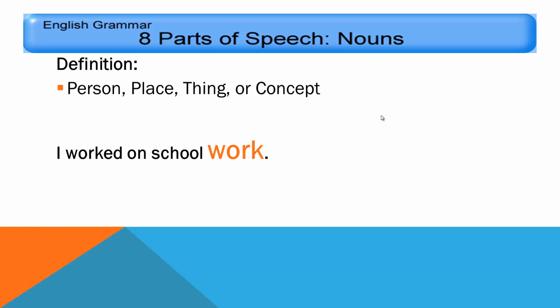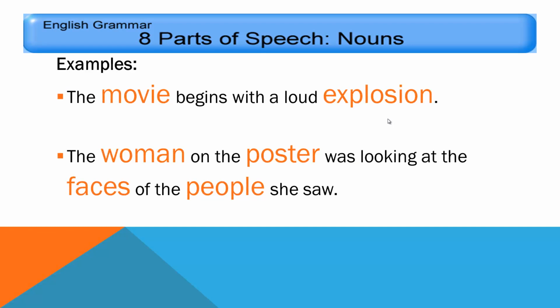sentence. So again, that points out that idea that what we're looking at really is the function within the sentence, more so than just the definition. If I was to look up the word work in the dictionary, it would probably say it's a verb or an action. A couple more examples then. The movie begins with a loud explosion.